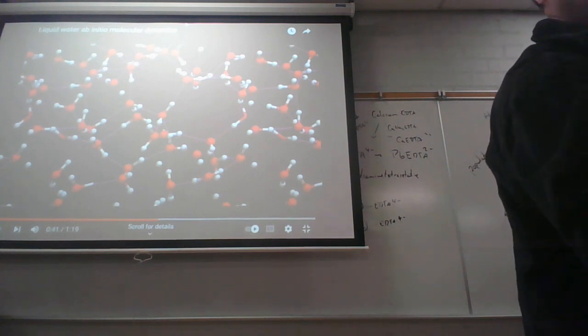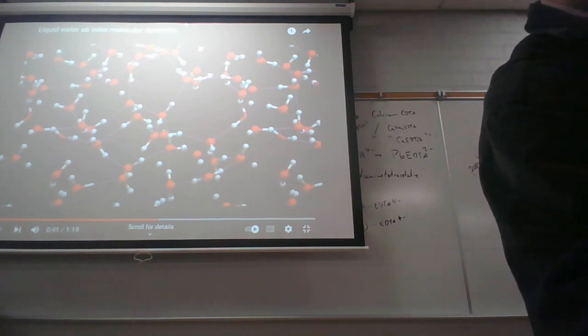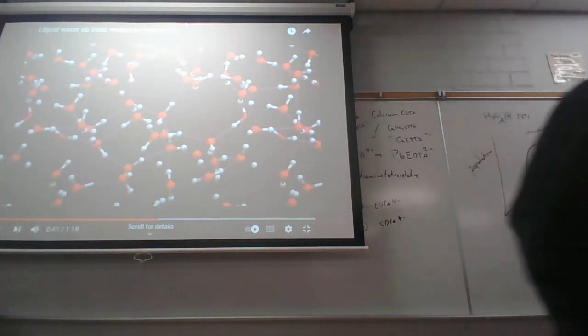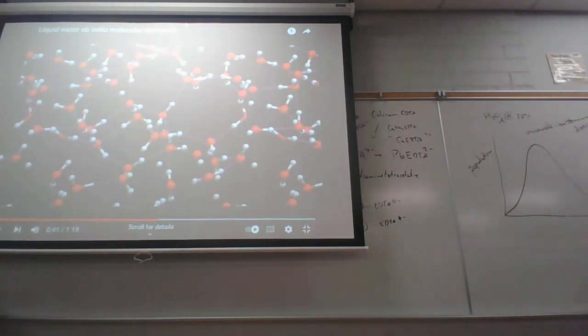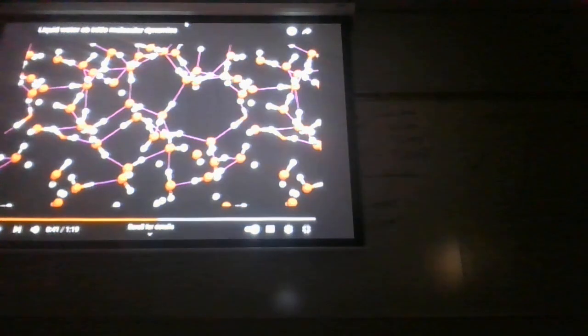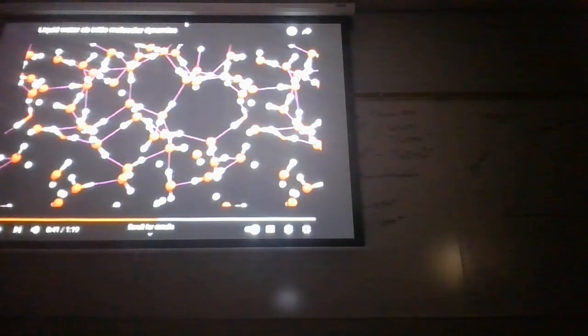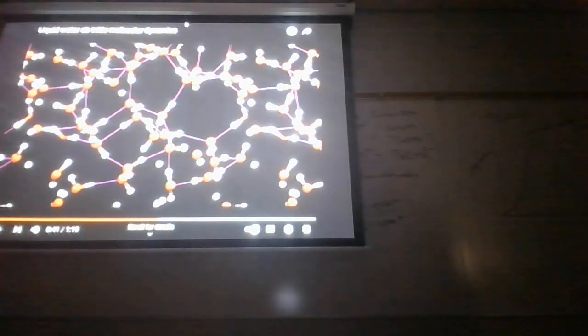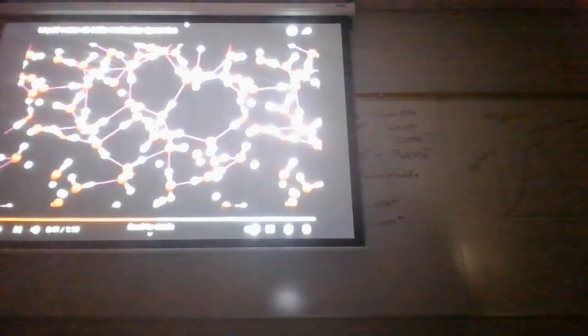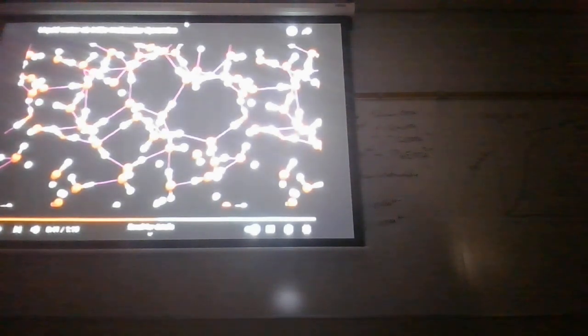Let me plug this in, and we'll try to turn off the lights to see if we can see any kind of... we're just looking for the faintest glow. Do you see anything? No, I still don't see anything.